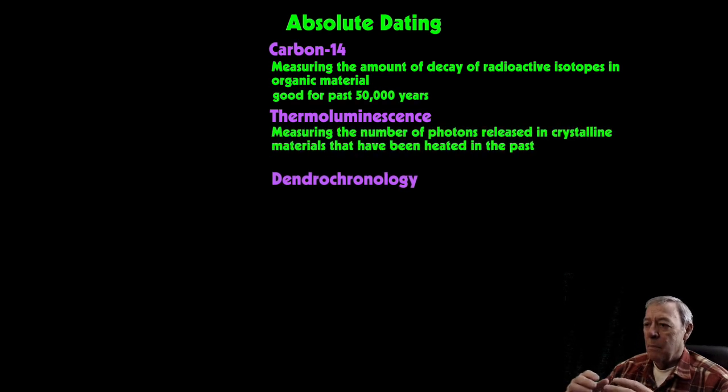Thermoluminescence is dating something by measuring the number of photons released in crystalline materials that have been heated in the past. Okay, and so this would be good for things like pottery, ceramics that have been recovered from a dig.